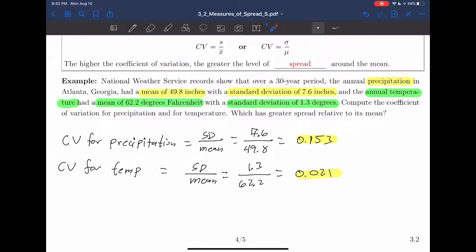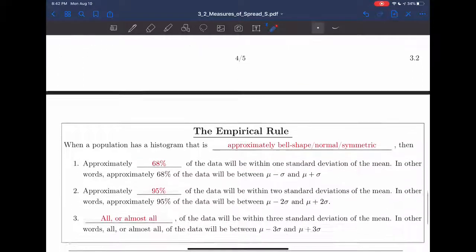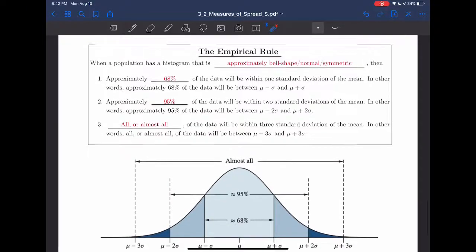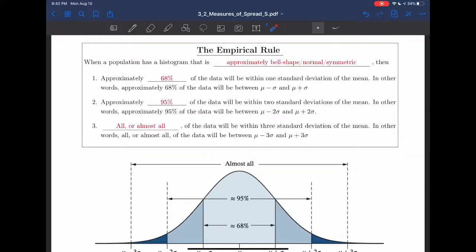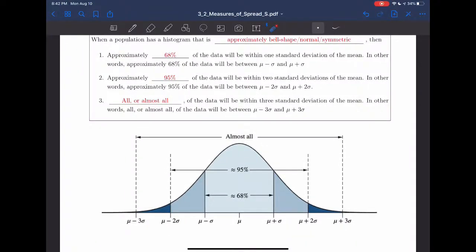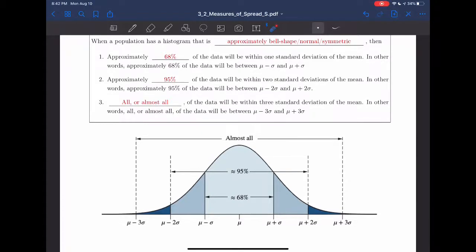One last thing that I want to go over is something called the empirical rule. And this happens only when your histogram is approximately symmetric. Another word for symmetric is normal or bell shape. So what this means is that if your histogram is symmetric, then 68% of your data is within one standard deviation from the mean. So what does that mean?